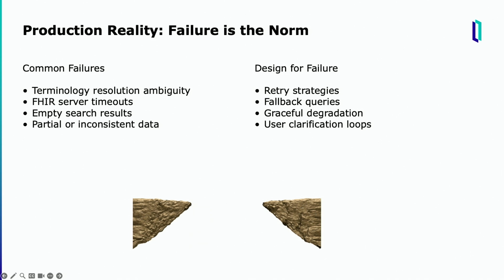So having a backup plan for that is very much a part of good engineering design, and it'll allow the system to fail gracefully when it reaches these failures. And remember, the system has an agentic loop, so it'll do retries or fallback queries if it's given instructions on how to do that.